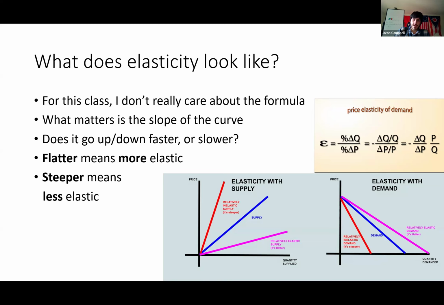Because if it's a flatter curve, it's going to be more elastic. It's going to have a higher elasticity. And if it's a steeper curve, it's going to be less elastic, and it's going to have a lower elasticity score. And you can see this here on our graphs.